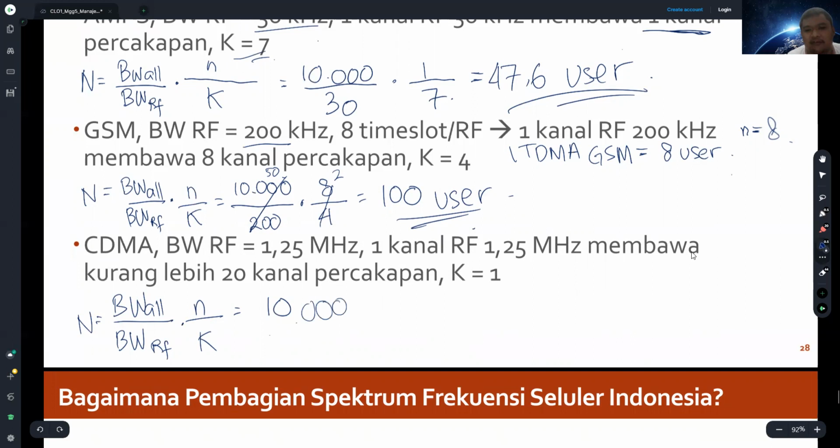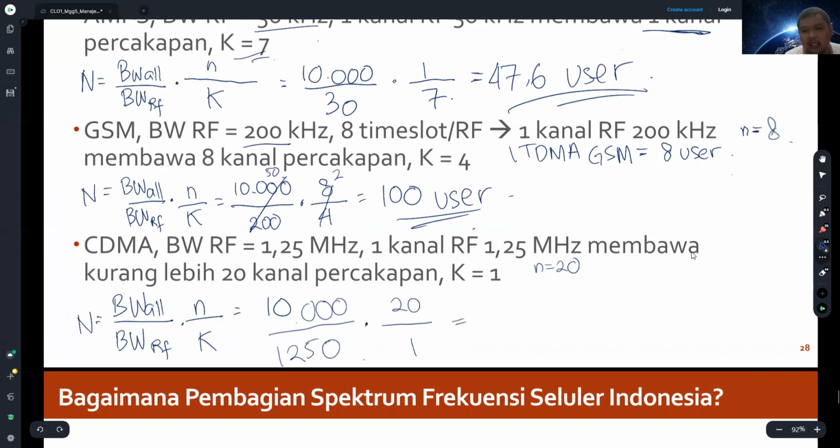Or you could put it like this, it's the same: 10,000 divided by 1250. It's still the same, right? However, it's in kilohertz, but the value will be the same. And since within one RF bandwidth, it could be occupied by 20 channels, the value of little n, not the big N, will be equal to 20, divided by 1.